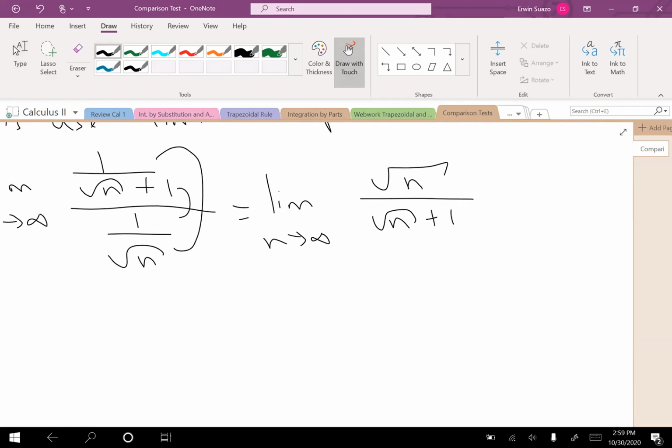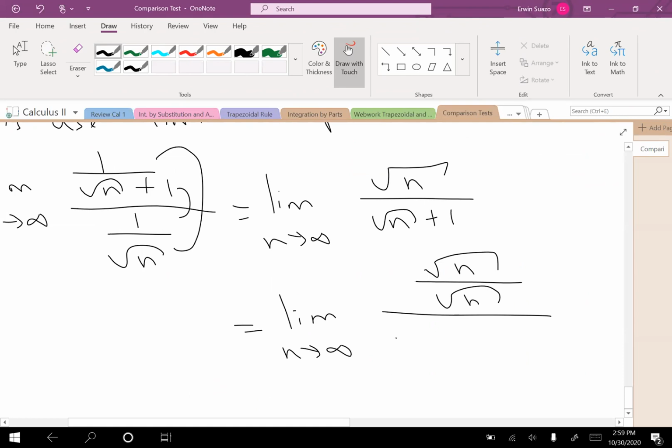So what do I do now to find this limit? That's the trick of the day. What am I going to do? Divide by the biggest power of n, in this case square root of n. Square root of n plus 1 over square root of n.